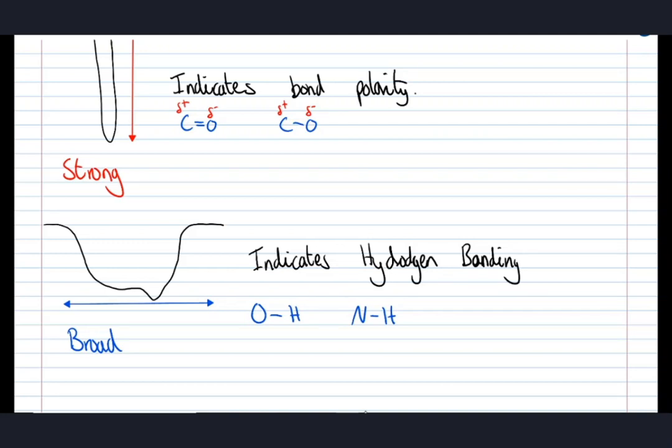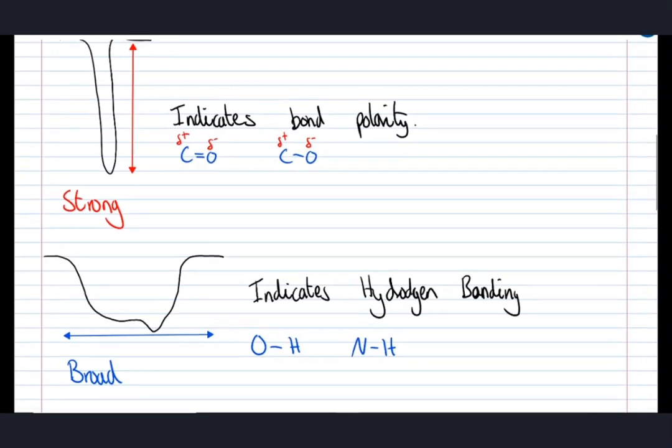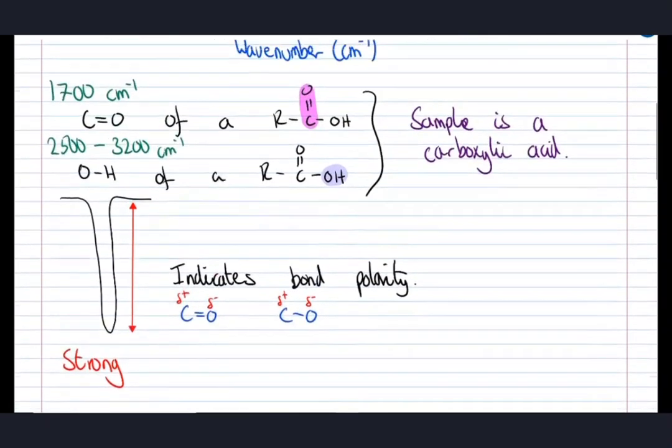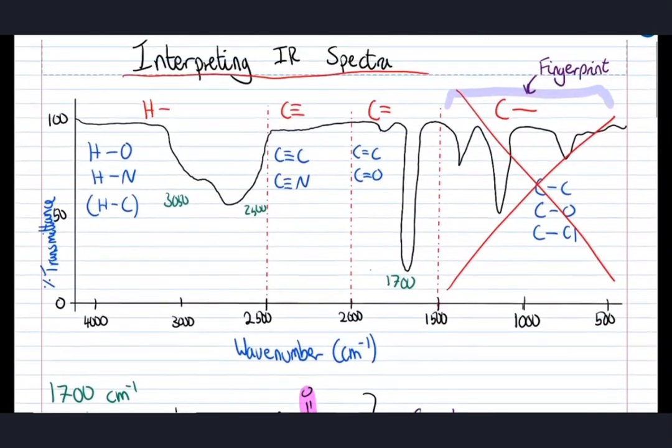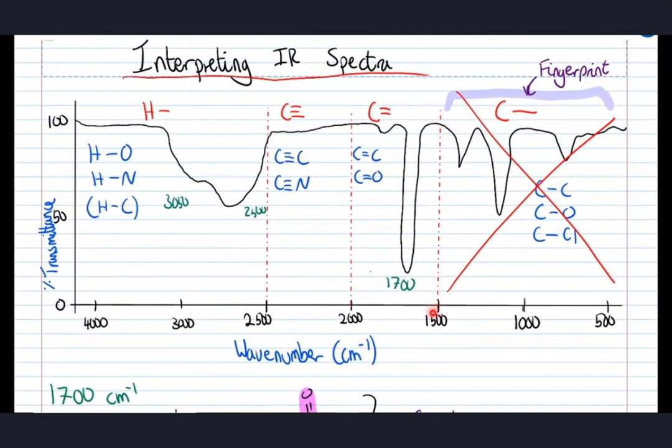And that's about it for interpreting infrared spectra. So remember, the first thing is to put on your lines at 1500, 2000 and 2500. Separate your spectra out. Ignore the fingerprint region. Look to see what we have in the double bond region, what we've got in the triple bond region, and what we've got in the hydrogen single bond region.